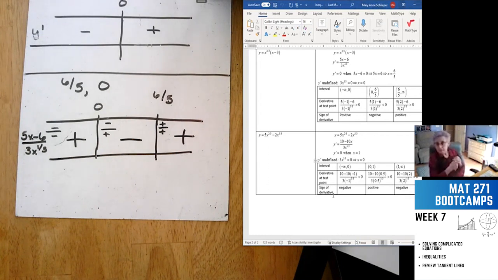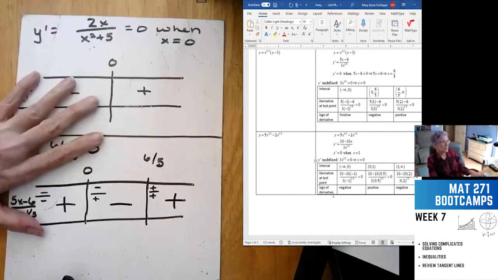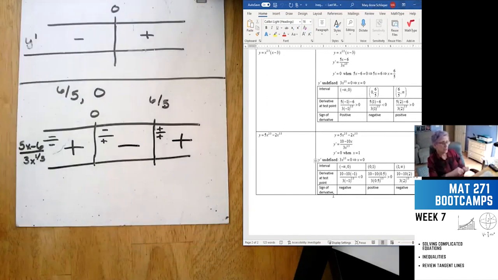So that'll be the next thing you'll do next week. You'll start by setting those derivatives equal to 0. You'll find out when the functions are increasing and decreasing by looking at this sign chart.